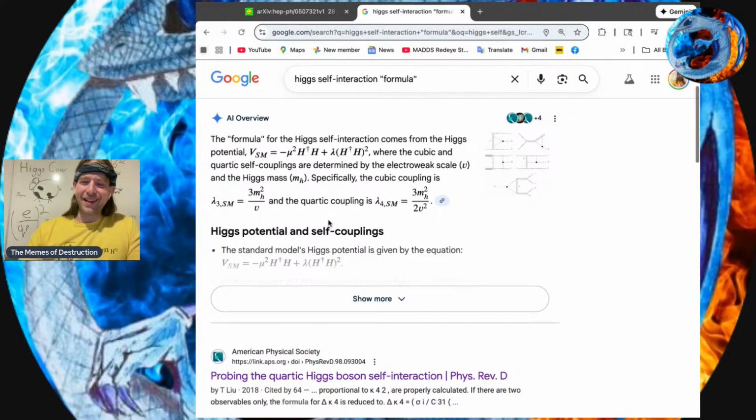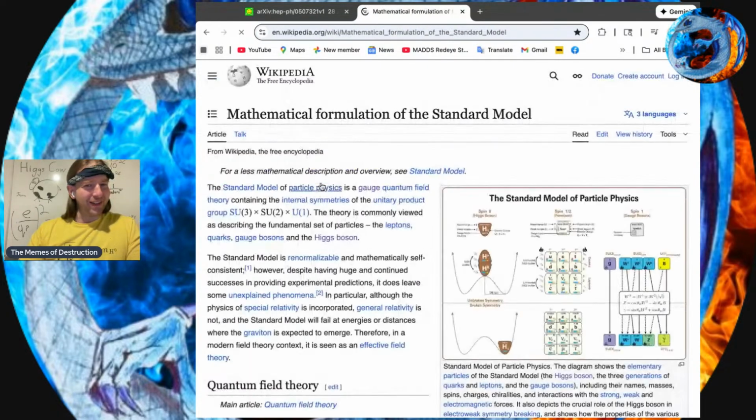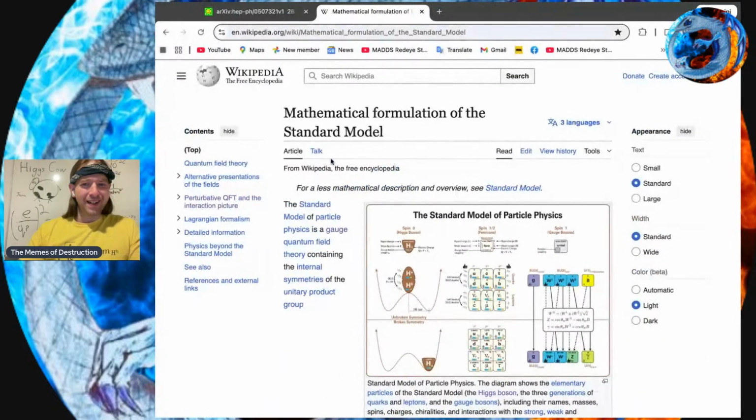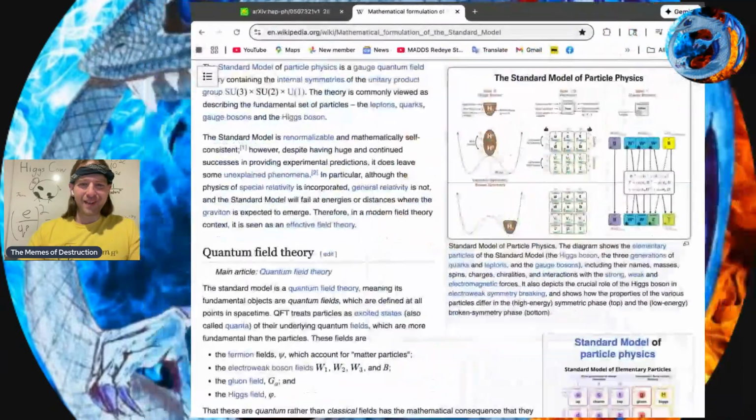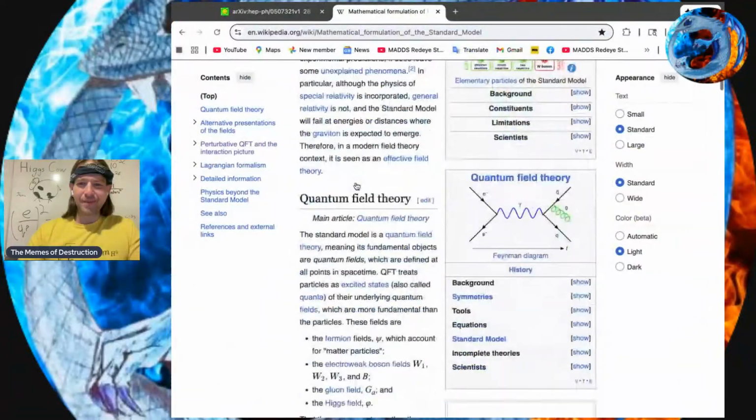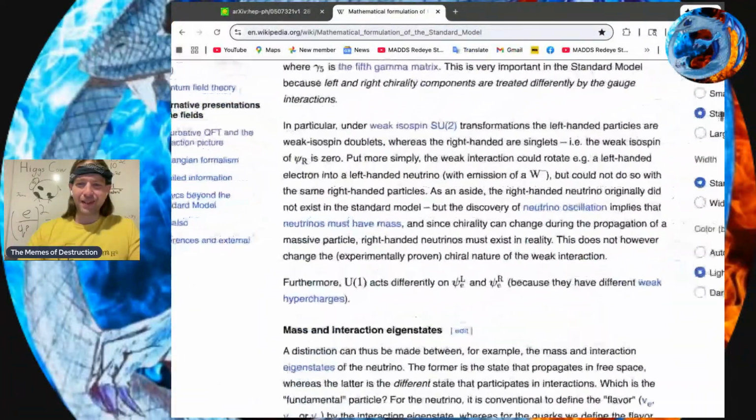Again, there are other ways to do this, but I'm literally just going to Wikipedia, take it for what it's worth. I'm literally just going by what it's saying for the standard model here.